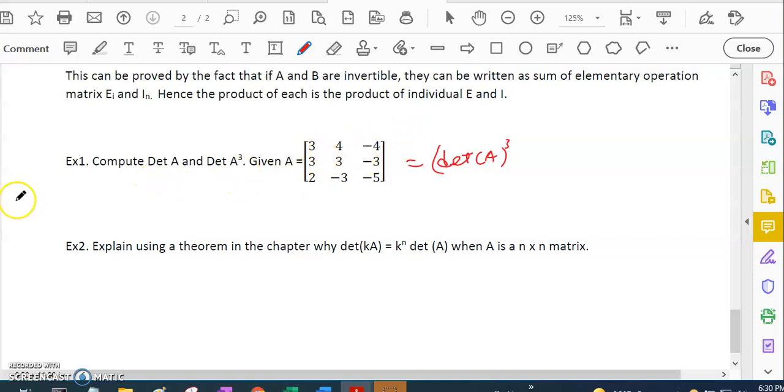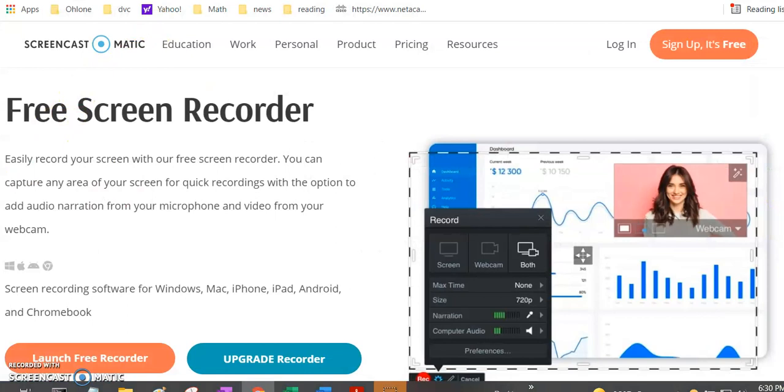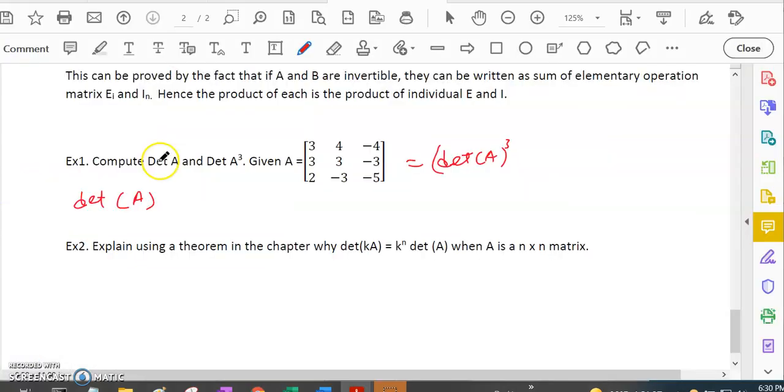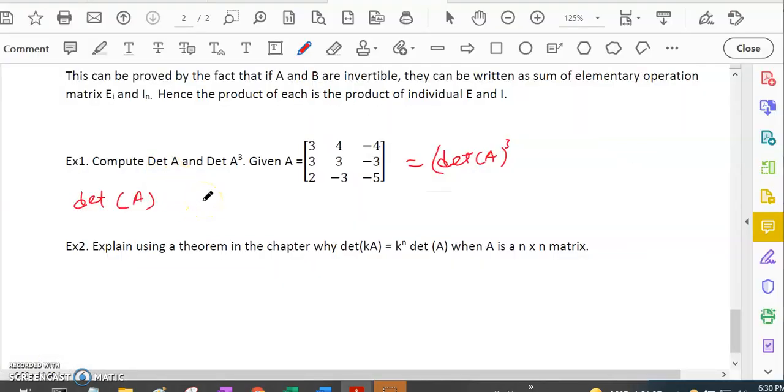So what is this determinant? We say the determinant of A. I think I did it with the calculator, 3, 3, negative 4. So let me see if I have it. 3, 3, where is it? 3, 3, negative 4 is over here. So it's equal to 24 by the calculator.